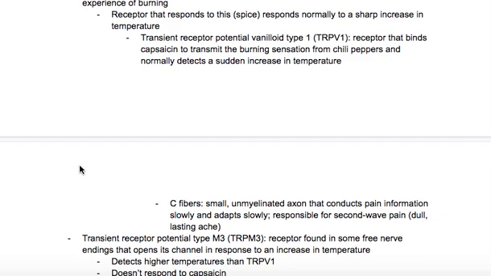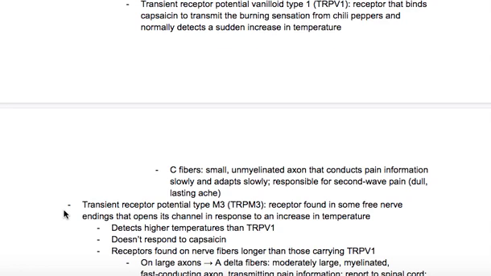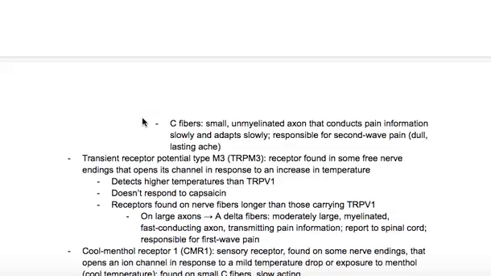The other pain or temperature receptor that was found, which is related to TRPV1, is the transient receptor potential type M3, TRPM3, a receptor found in nerve endings that opens a channel in response to an increase in temperature. The difference between TRPM3 and TRPV1 is that TRPM3 detects higher temperatures and doesn't respond to capsaicin.